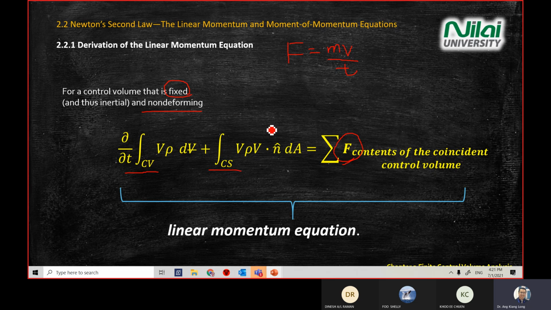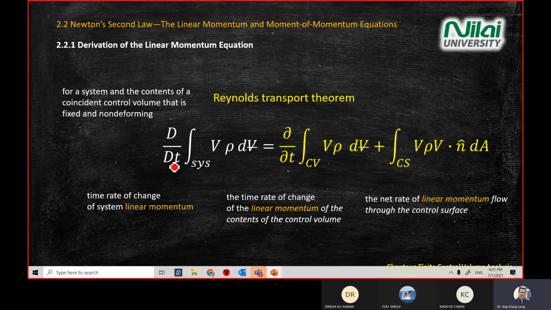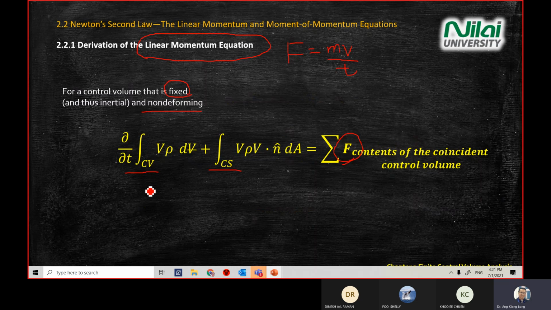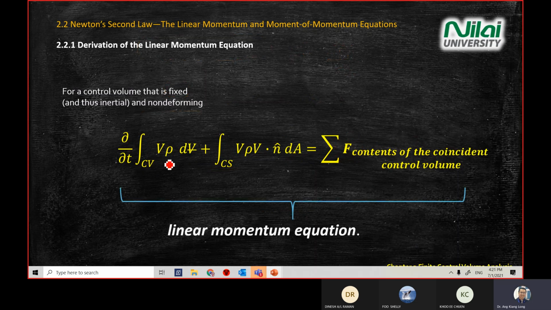Okay, yeah. So in your test answer, when the question asks you to solve using the linear momentum equation, what we expect is that you can write this one or write this one. Okay, but most of the time when we deal with the linear momentum equation, we will use this equation instead because it will help us lock our target answer on solving the force and what is happening in our control volume and control surfaces.